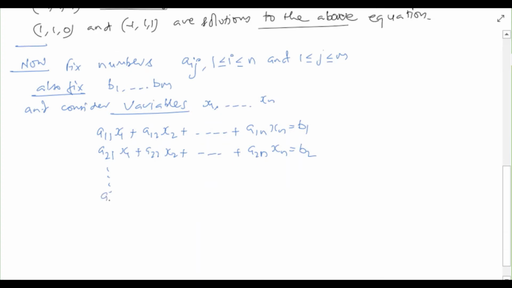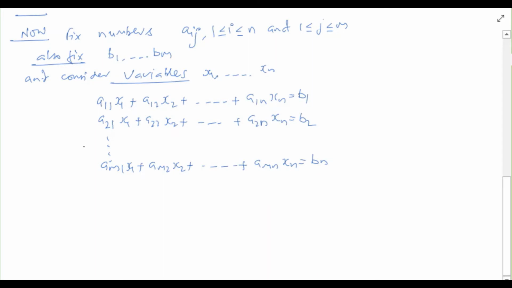We have m equations like this, the last one being am1x1 plus am2x2 plus dot dot dot amnxn equals bm.